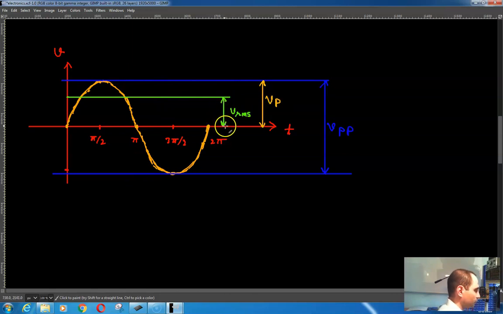And if you read your voltage from the 0 line, which as you can see is the reference line, all the way up to this point, and I'll tell you what this point actually is mathematically, you call this the RMS voltage, right?